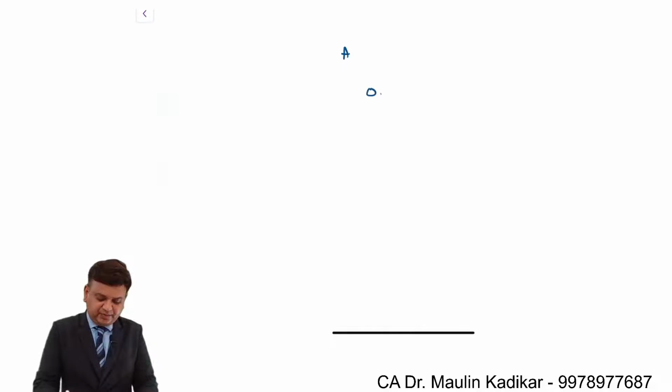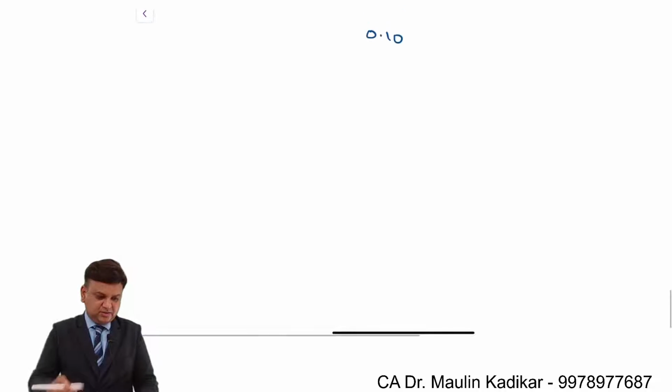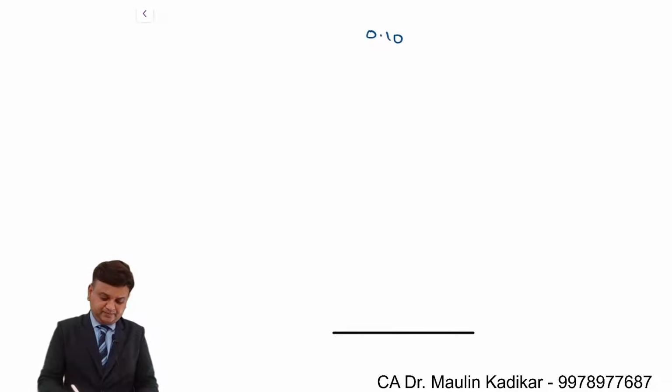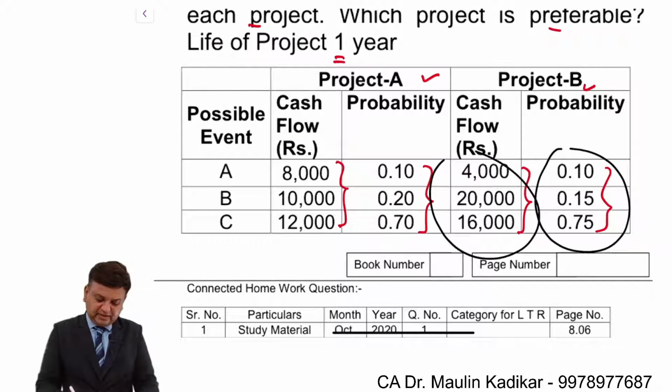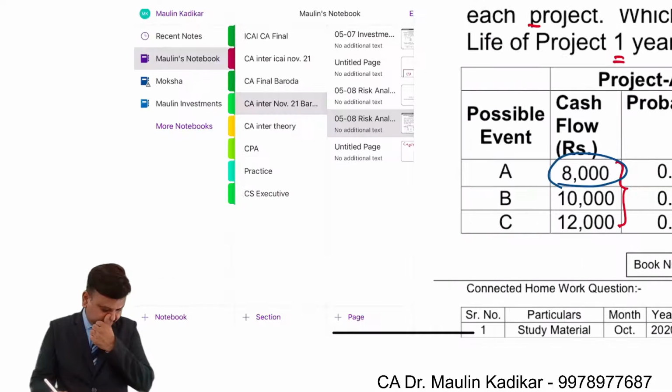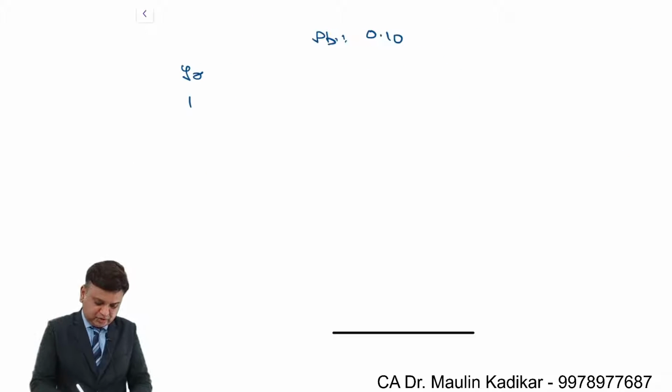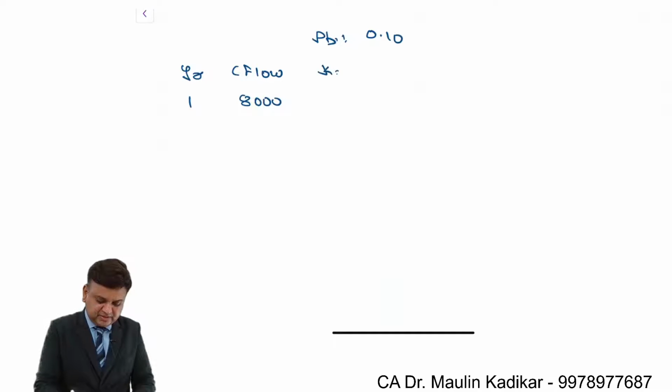Friends, there are three possibilities: 10%, 20% and 70%. So for the first 10% probability, what will happen? Year 1 cash inflow will be an amount of 8,000. It will be discounted to present value at 10%, factor 0.9091.